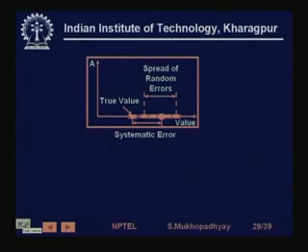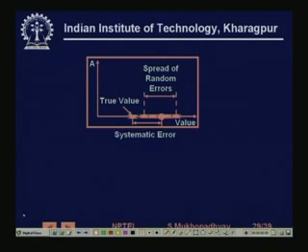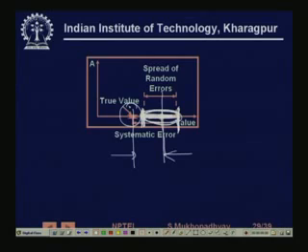So you see that this will probably clarify the picture: the true value is here, the measurement that you are getting is around this point. So every time you make a measurement, most probably you are going to get a measurement between these two values. So this part is your systematic error, and this is your variance or spread of the random error, which you typically express in terms of a standard deviation value.